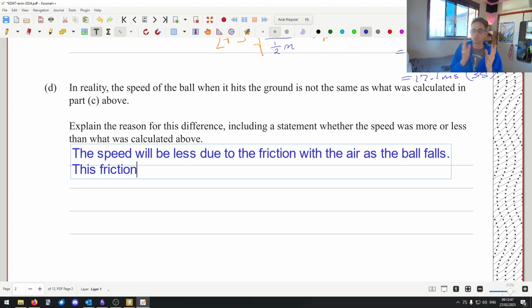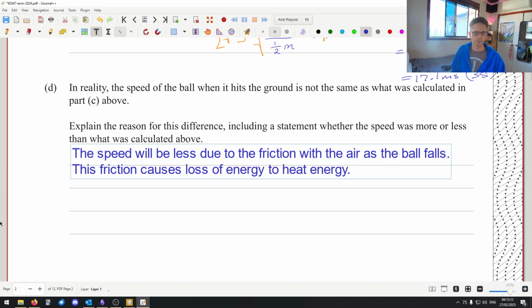We've assumed all the gravitational potential energy goes to the kinetic energy. Okay, we made that assumption, but in reality, what's actually going to happen is we have friction, and friction causes some of the gravitational potential energy to go to heat energy. So this friction causes loss of energy to heat energy.